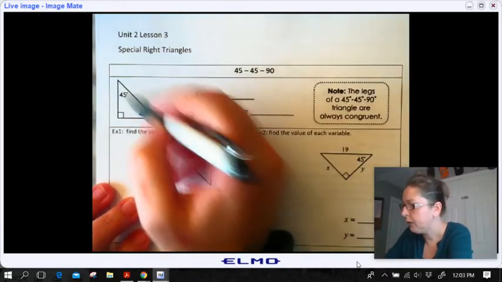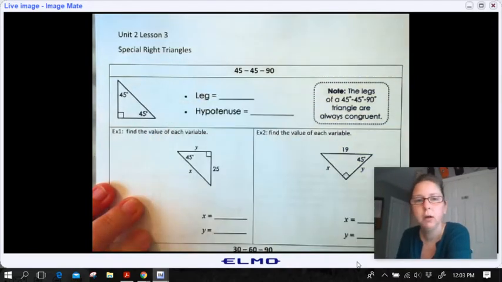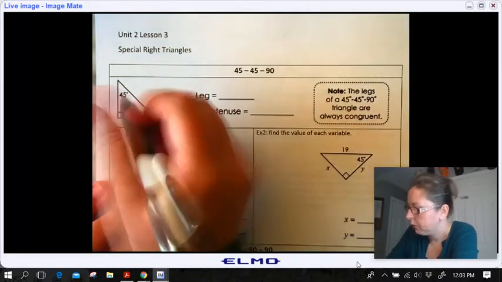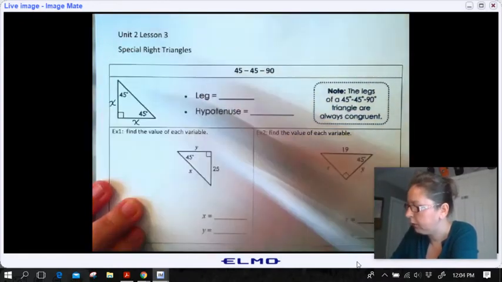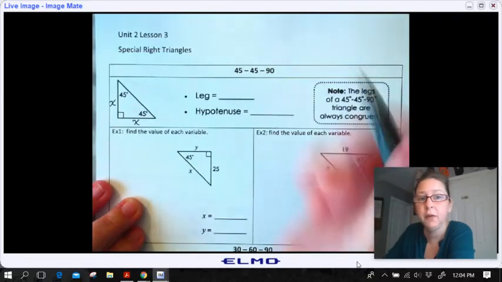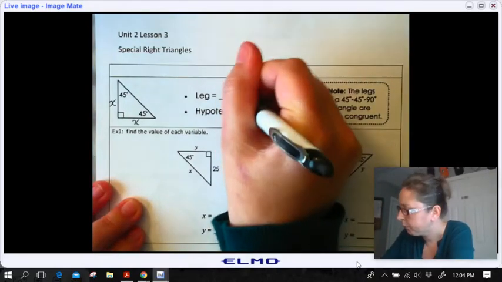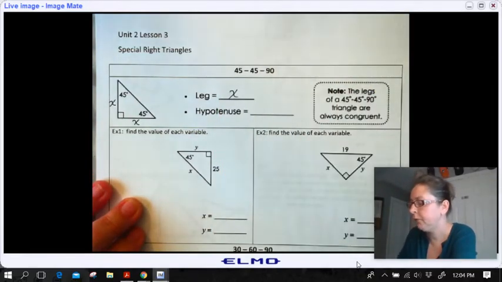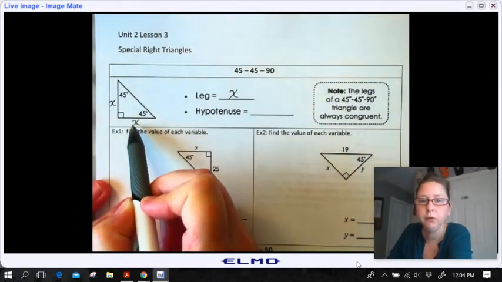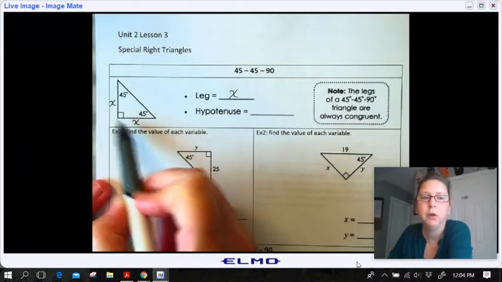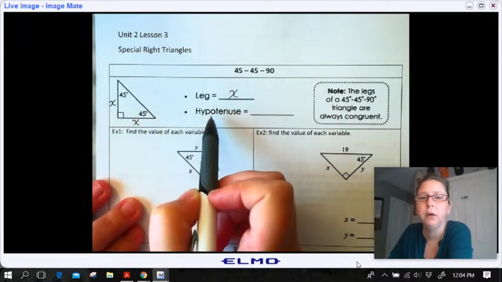Notice that 2 of the angles are the same measure. What that's going to mean is that the 2 legs are the same measure. Generically, we're just going to say they're x. If you were to square these and add them together using the Pythagorean theorem, you would have 2x squared equals c squared.